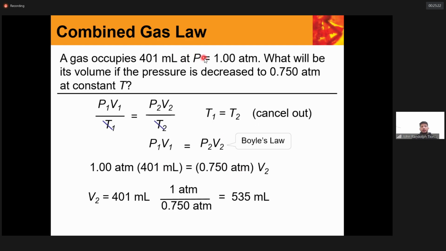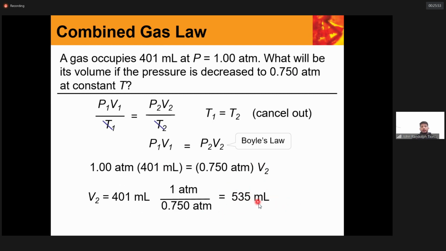Now, since we're talking about Boyle's law, di ba sa Boyle's law natin, as pressure decreases, what happens to the volume? As pressure decreases, the volume increases. So ibig sabihin, since yung pressure natin from 1 atm decreases to 0.750 atm, then an expected answer will be more than 401 ml. So, substituting here, 1 atm times 401 ml equals 0.750 atm times the volume 2, then we get volume 2 equals 401 ml times 1 atm divided by 0.750 atm.